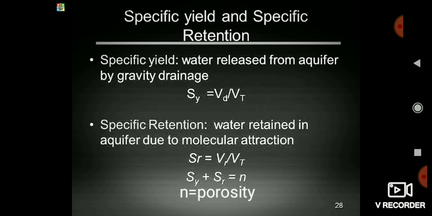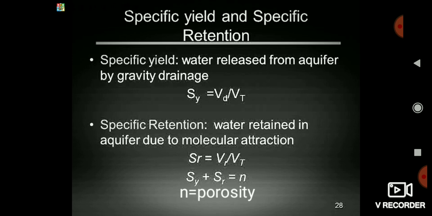So friends, you should be very clear that the water is present only in the voids of the soil. The water is not fully present in the soil. It is present only in the voids of the soil. Means whatever void space is present in that catchment area, in that soil, only that contains the water.